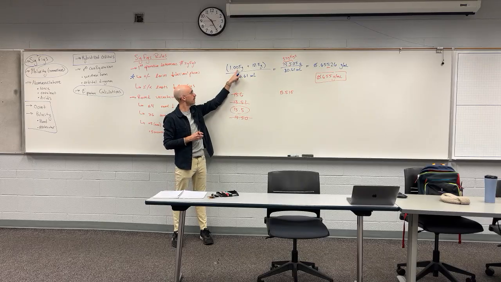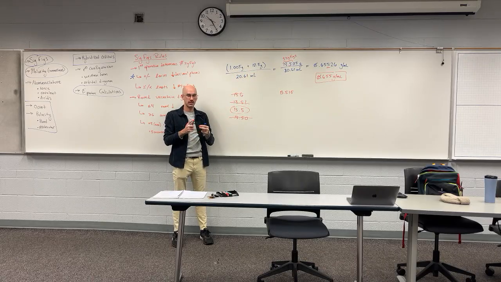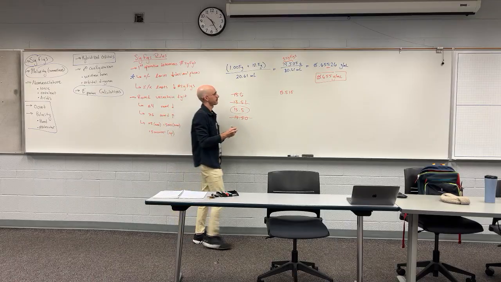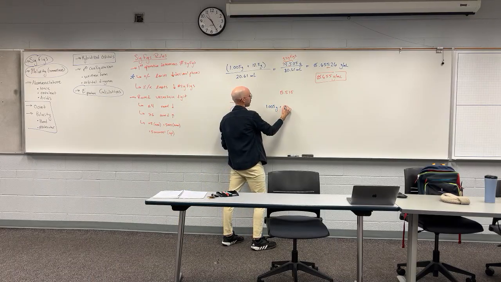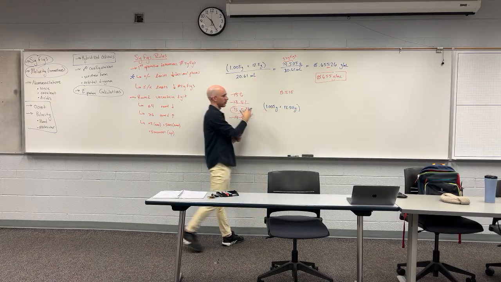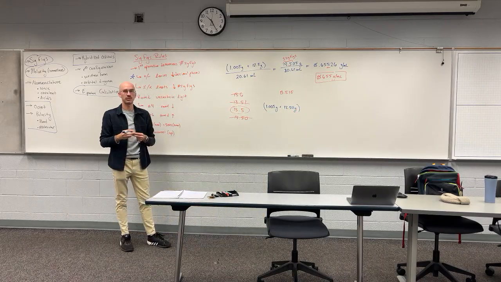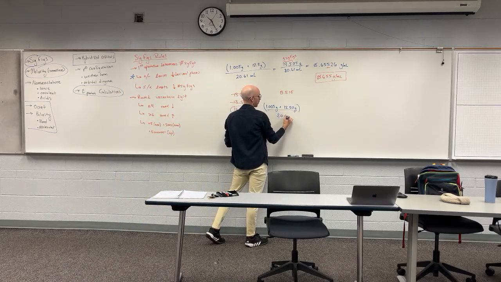If these decimal places were the same, I still get this. What if I had taken a little bit of a better math? What if I knew that it was 1.005 plus 12.50 divided by this 20.61?